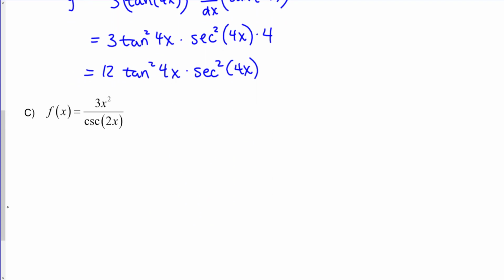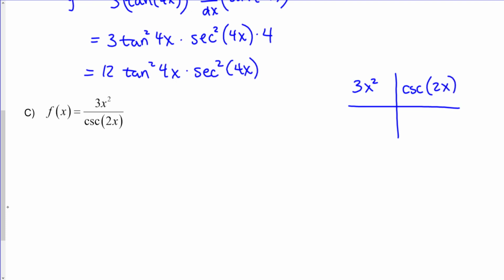Okay, here's another one. This one is going to involve the chain rule, but it's also going to involve the quotient rule. So the quotient rule is what we are going to begin with here. All right, so I start this box over here. Numerator is 3x squared. The denominator is the cosecant of 2x.